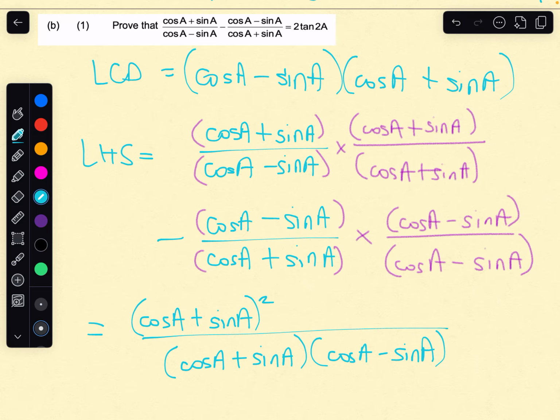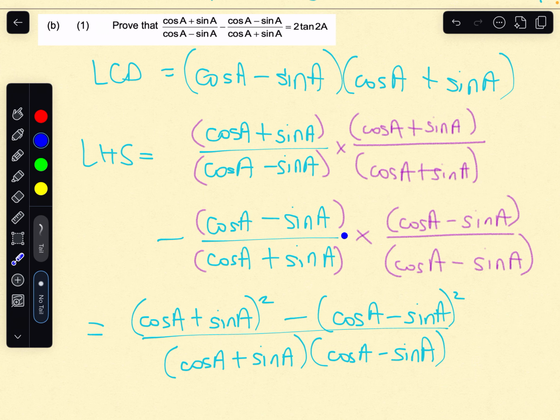I'm just going to write it that way for brevity. And the next term is cos A minus sin A, also being squared, this times itself.